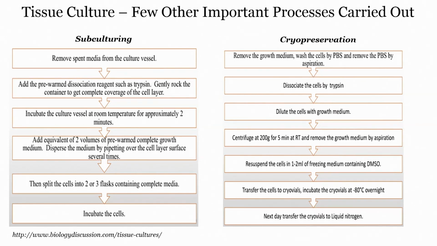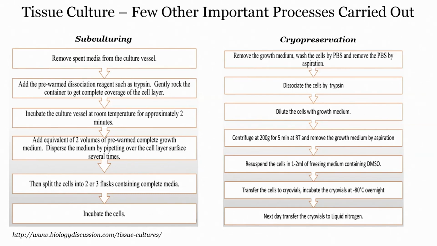Same way goes for cryopreservation. Once the growth medium is removed, we have to wash the cell by PBS and then remove PBS by aspiration, followed by dissociation of the cells by trypsin, which is called trypsinization. Finally, after that it is diluting the cells with growth media, then centrifuge it at 200 gram for 5 minutes at room temperature and remove the growth media by aspiration.